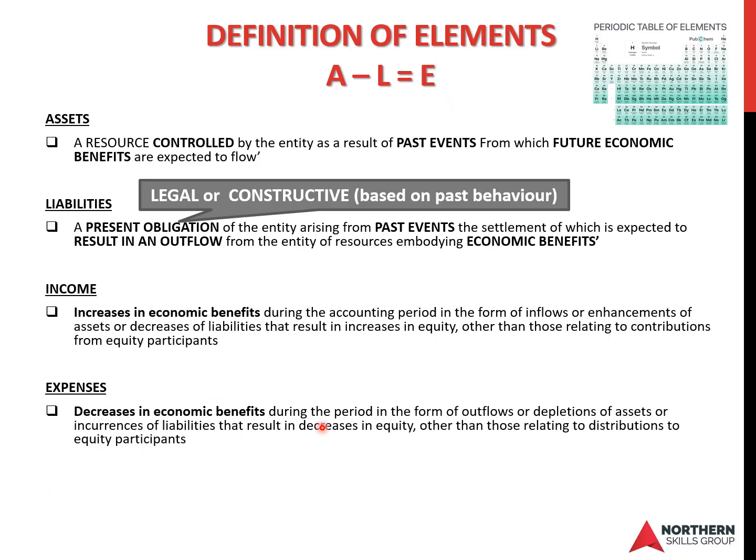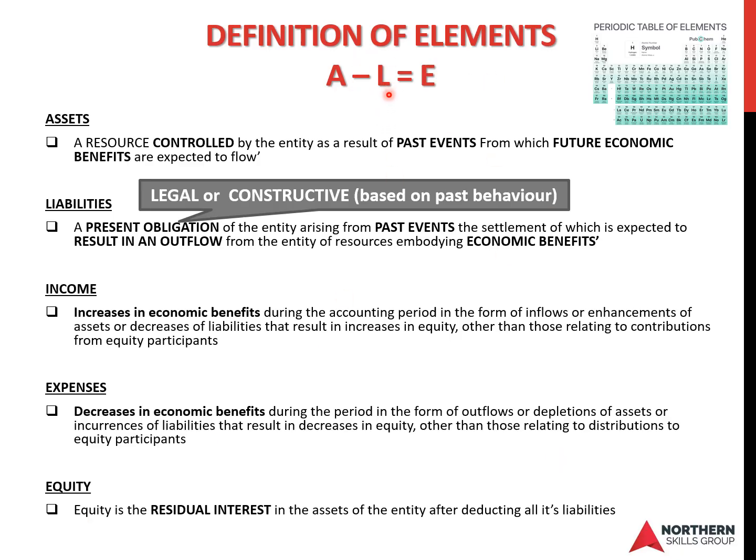So decreases in economic benefits in either outflows of assets or increases in liabilities that result in the equity total being reduced. So income increases equity, expenses reduce equity. And then finally, the definition of equity itself as basically the accounting equation. It's what's left after deducting liabilities from assets.